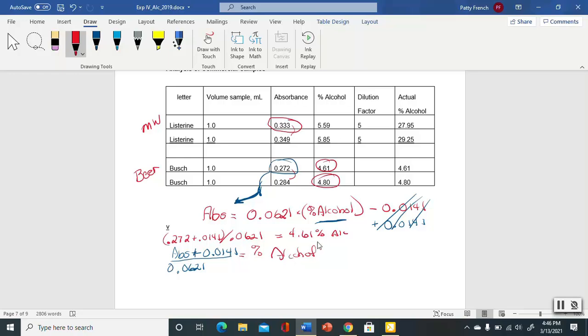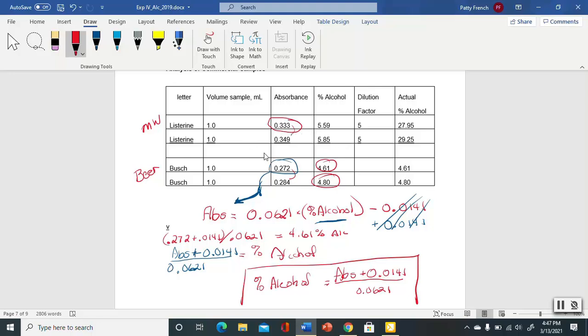Okay, that's all I did. I used this equation. If that's true, what's going on here? Well, mouthwash actually has between a quarter and a third, I mean, it's a lot of alcohol in mouthwash.